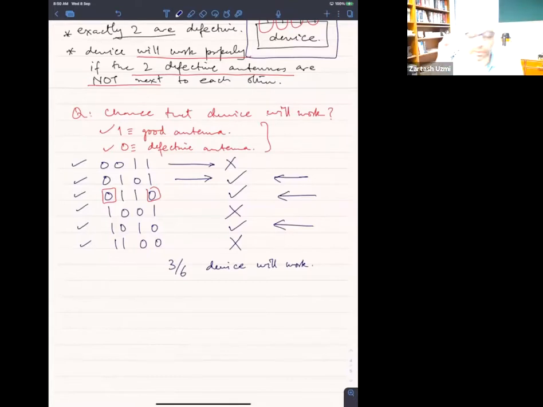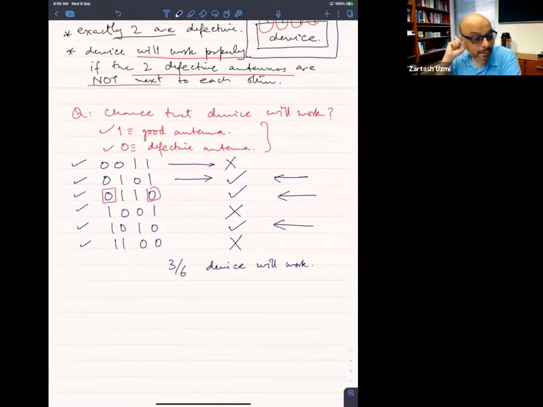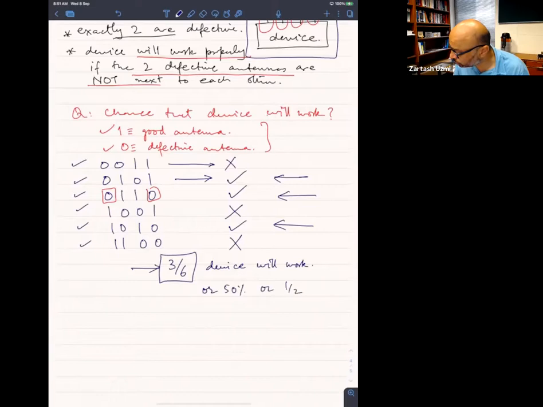If I perform the experiment 6 million times, then approximately 3 million times the device will be working. So the probability that the device will work is going to be 3 out of 6, or 50%, or 1/2, or 0.5. All the answers that people gave are correct.